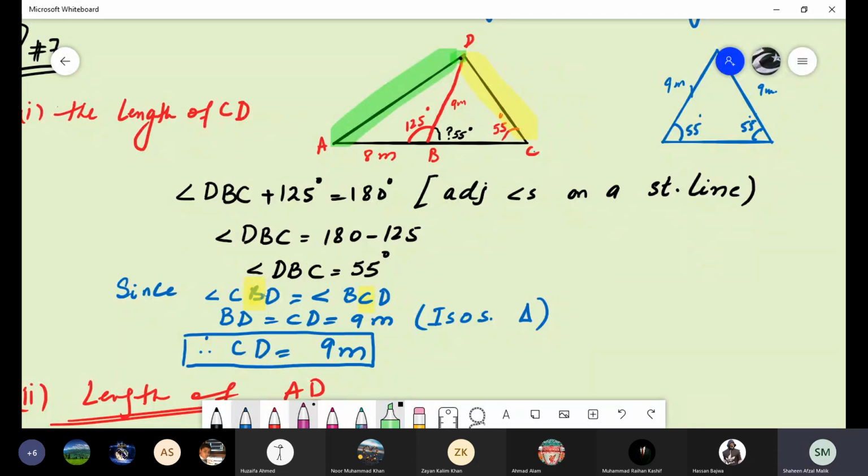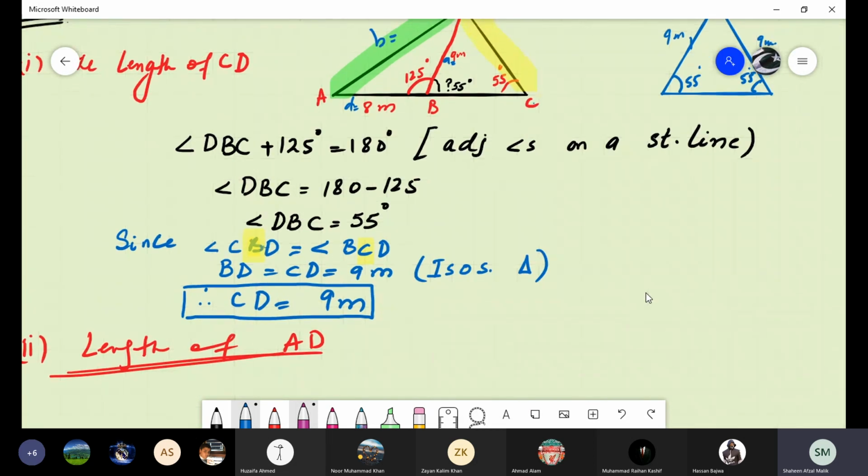Yes, boys, by using the cos rule. This length is D, this length is A, this is B, and the included angle is also given. Can you use the cos rule to find the missing side? Okay, what's the formula?